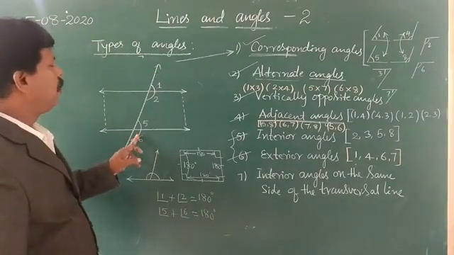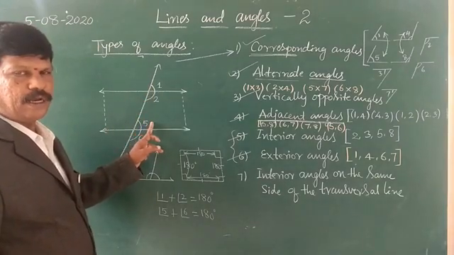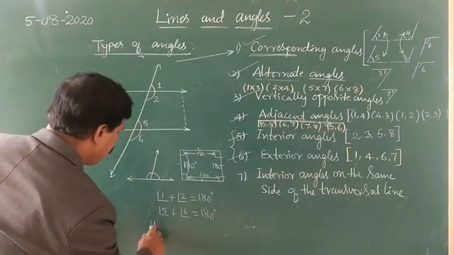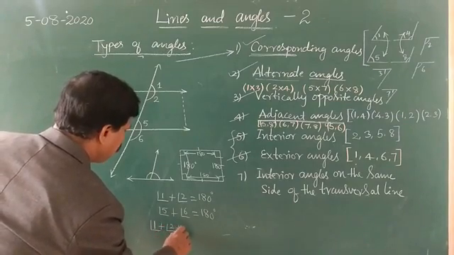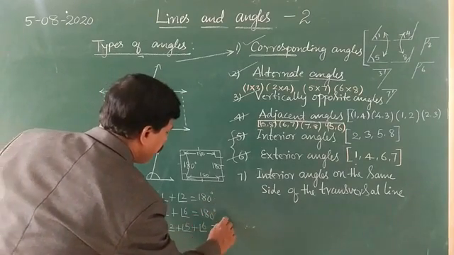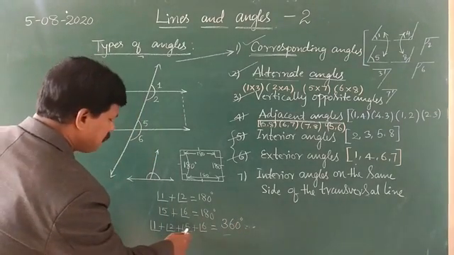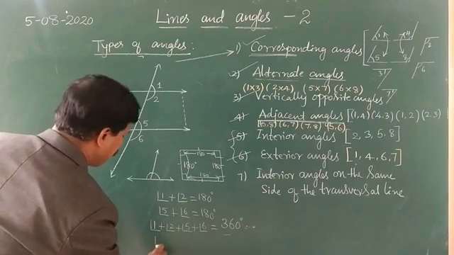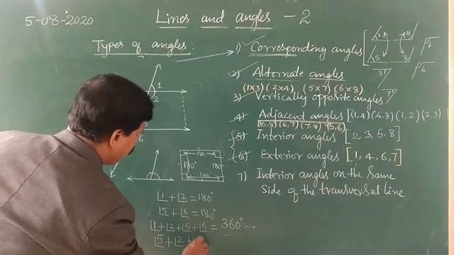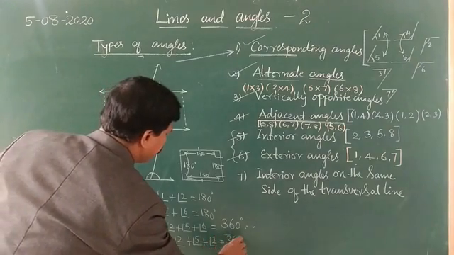Clear? Now, angle 1 is equal to angle 5. Adding this, angle 1 plus angle 2 plus angle 5 plus angle 6 is equal to 180 plus 180, 360 degrees. Now I am replacing angle 1 by angle 5, keeping angle 2 as it is, plus angle 5, plus angle 6 which is equal to angle 2 only, equals 360.